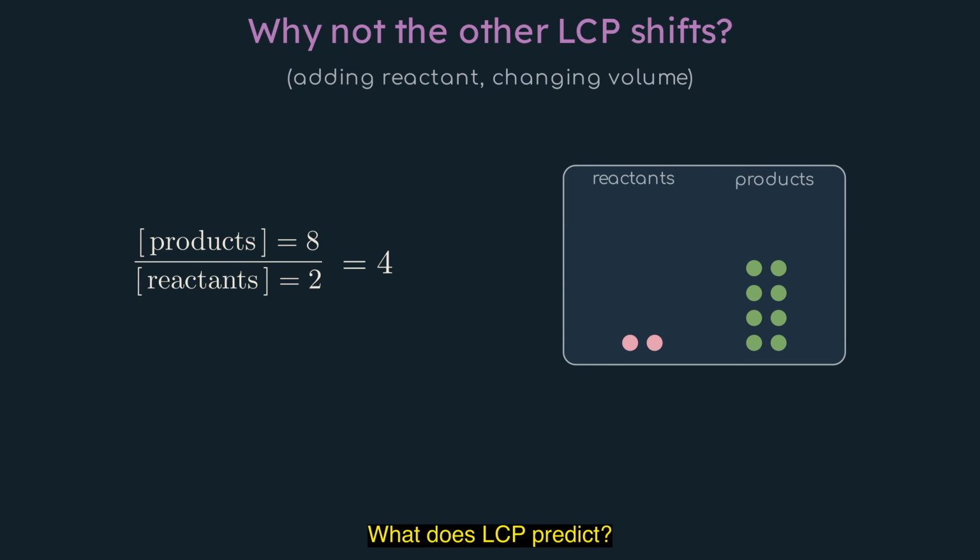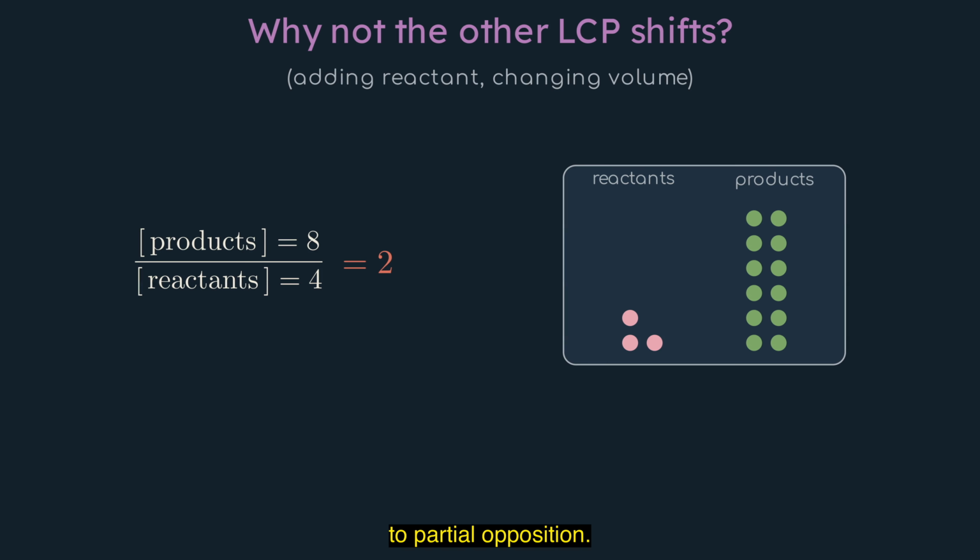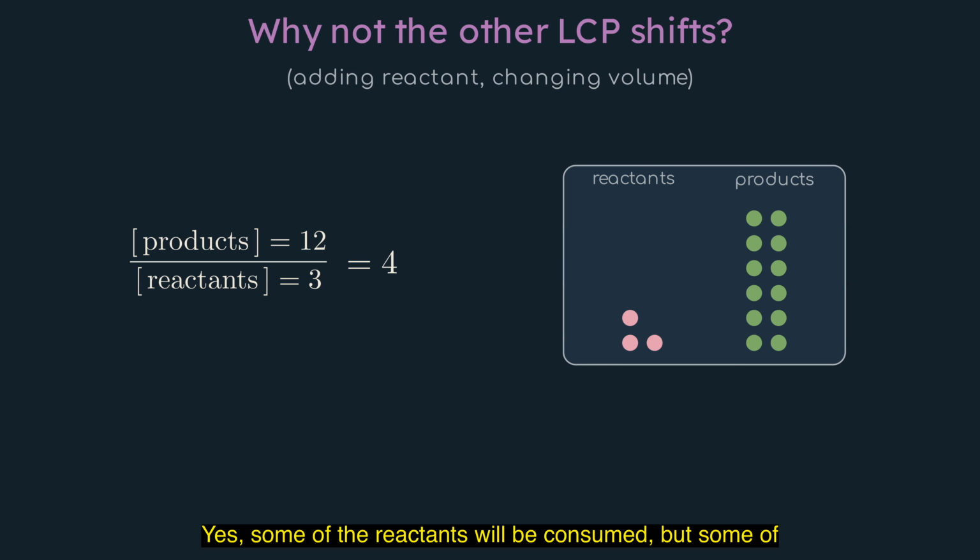What does LCP predict? When you add a reactant, it wants to shift to the right in order to produce products. So that means we are no longer going to have 8 products. We might have 12 products, for example. Now we also know our reactants are going to increase due to partial opposition. Yes, some of the reactants will be consumed, but some of it will still stay behind and therefore be higher than before.